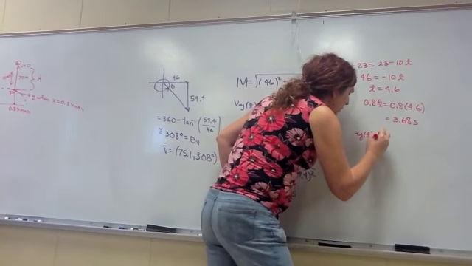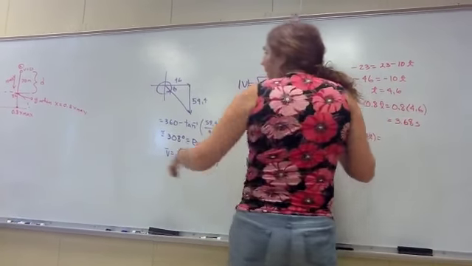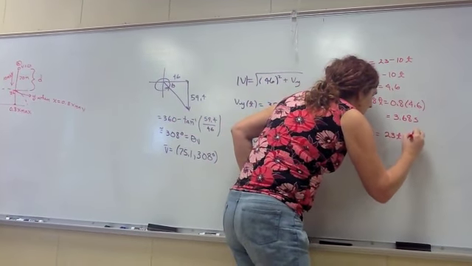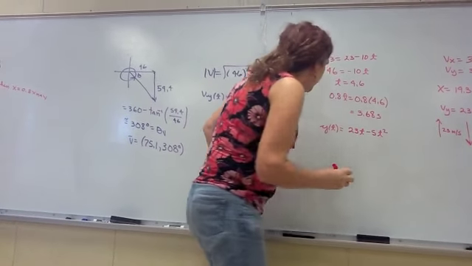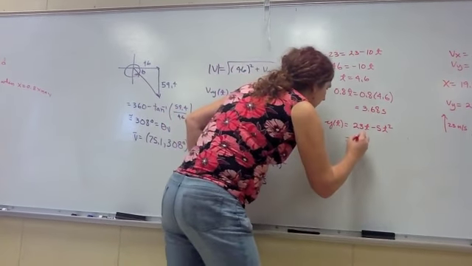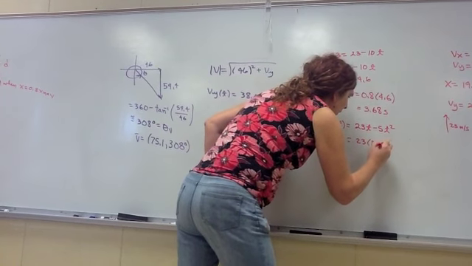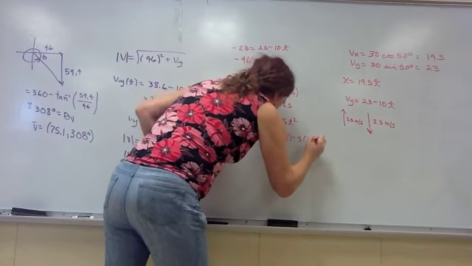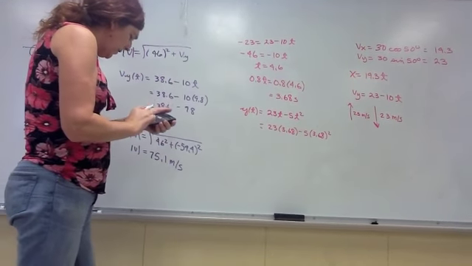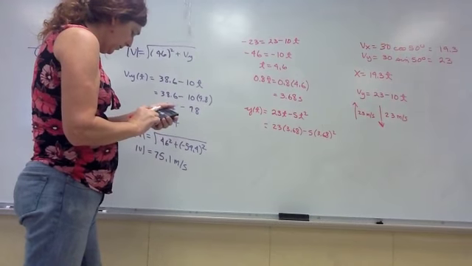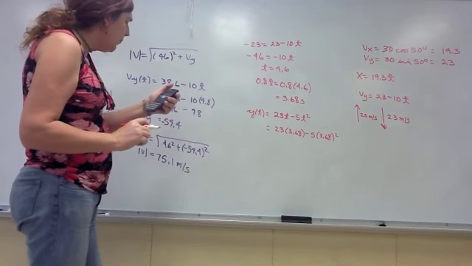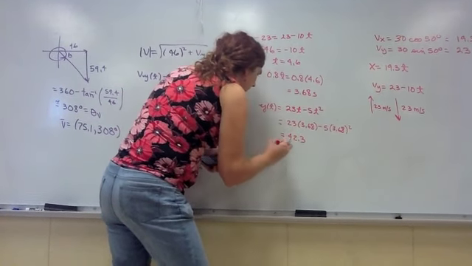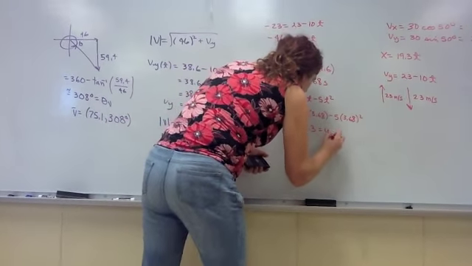Our y position equation, with initial velocity 23, is 23t minus 5t squared. So our y position at that time, we can get it that way. I'm getting about 42.3. That's the one that we call y2 over here.